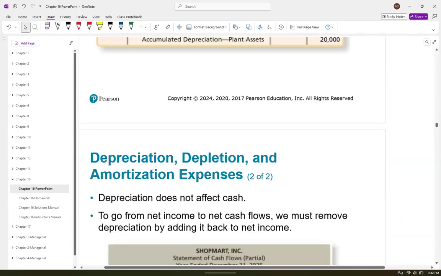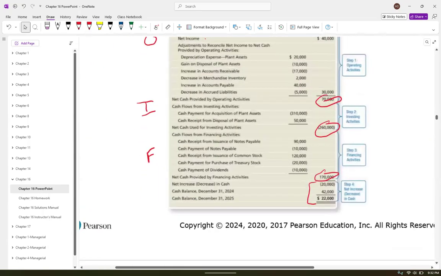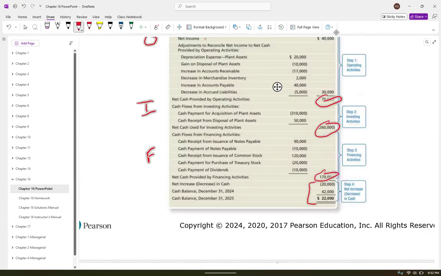That was cash that went out to buy the new acquisition. When we purchase a new plant asset, that's when the cash goes out. So here, the cash payment for the acquisition of plant assets is a negative 310. And we had gotten 50,000 from the disposal of the plant assets.